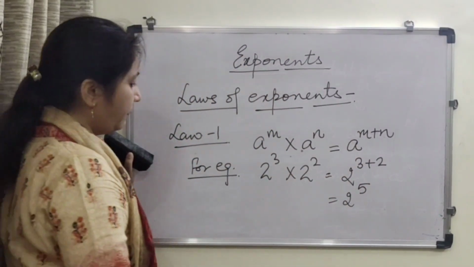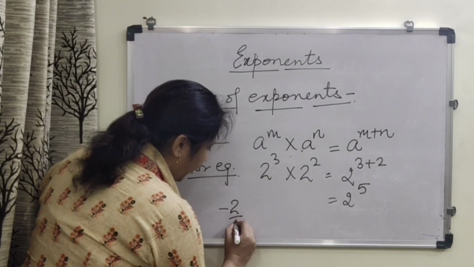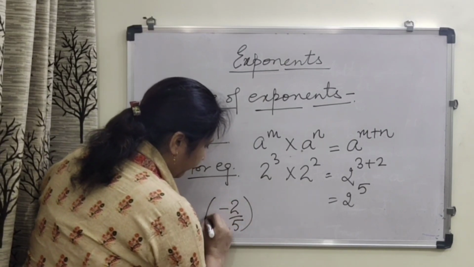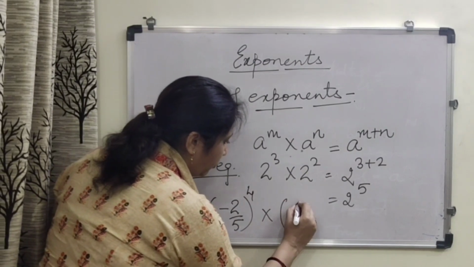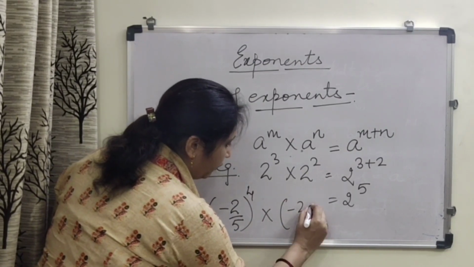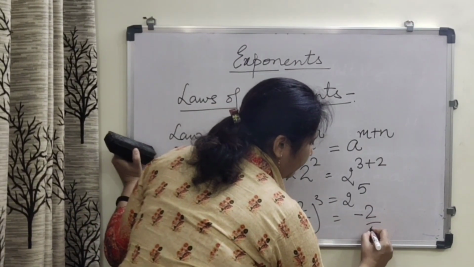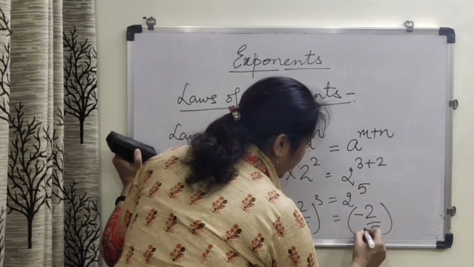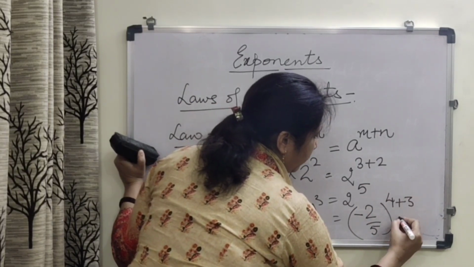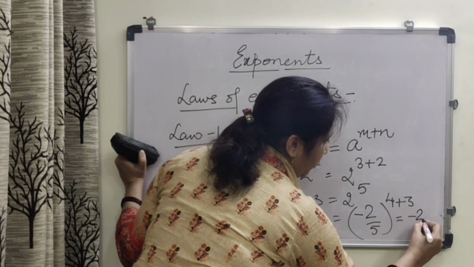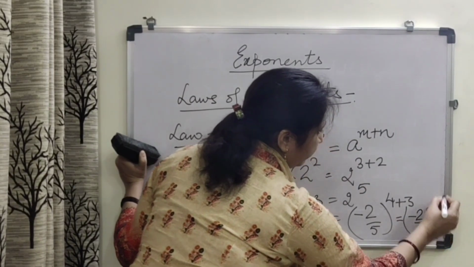Clear? Suppose you take a rational number, minus 2 by 5 to the power 4 into minus 2 by 5 to the power 3. Children, we write the base just once and add the exponents, 4 plus 3. So the answer would be minus 2 by 5 whole to the power 7.